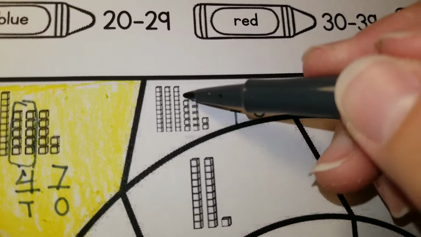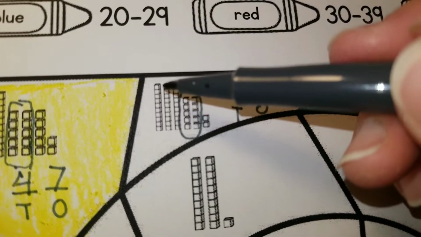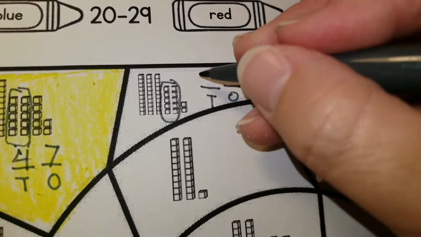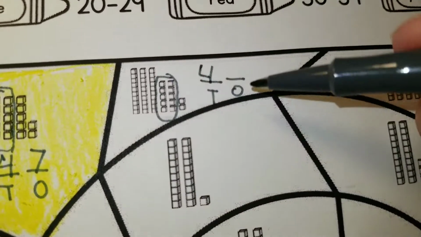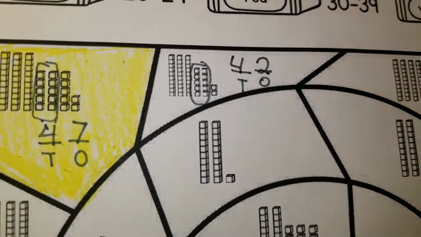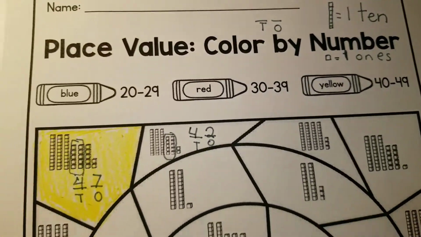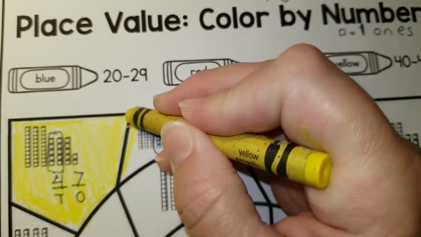So here you have one more 10. So how many tens do we have in all? We have 1, 2, 3, and 4 tens. And how many ones do we have? 2 ones. So 42 is between 40 and 49. This one is going to be yellow as well.